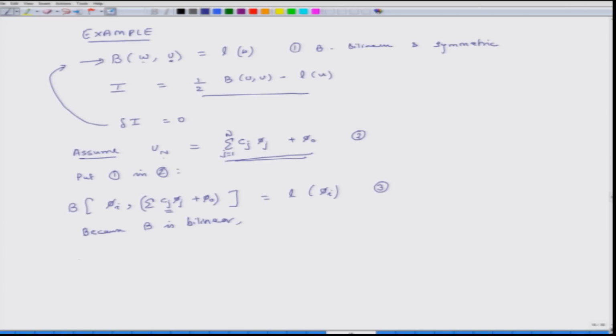So I can write it as the summation of j equal to 1 to n of P of phi.